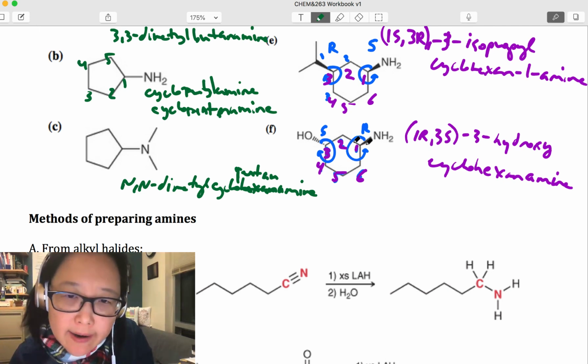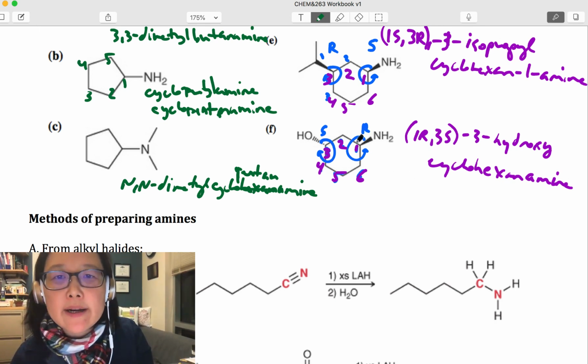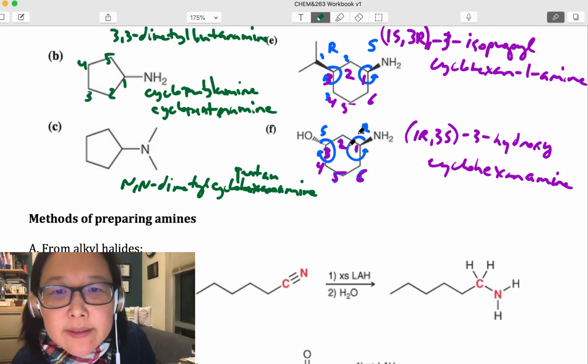And R is because 1, 2, 3, because this is an N versus a C versus a C. And this C wins because eventually there's an O, whereas this has a C and then a C and then a C. Okay, so that's R. Wait, 1, 2, 3. Oh, sorry, that's going this way.